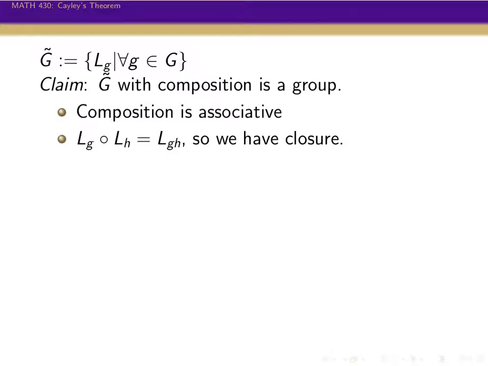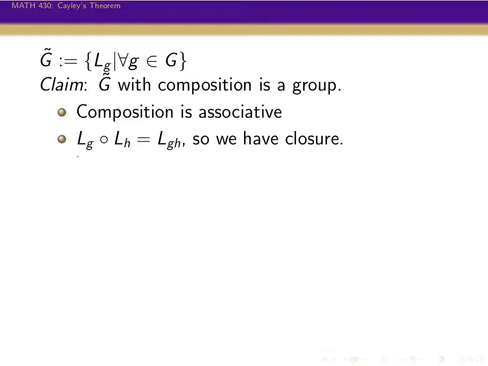If we do the composition of two of these functions, so L sub g composed with L sub h, so really we're doing L sub h first and then L sub g, this is equivalent to the map L sub gh, so we have closure. So let's just verify this.